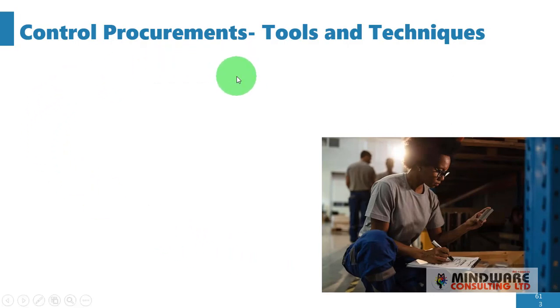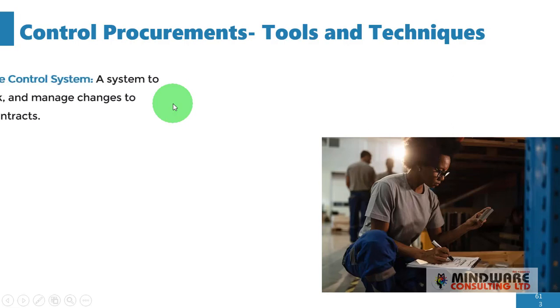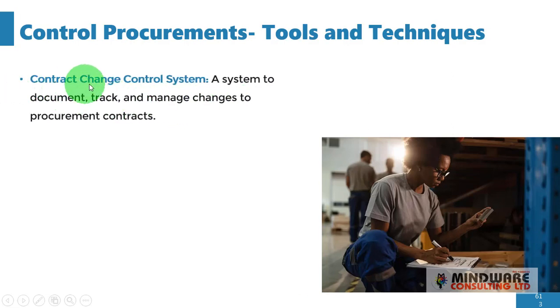So let's look at the tools and techniques in this process. Firstly, we have contract change control system. This is a system to document, track, and manage changes to procurement contracts.